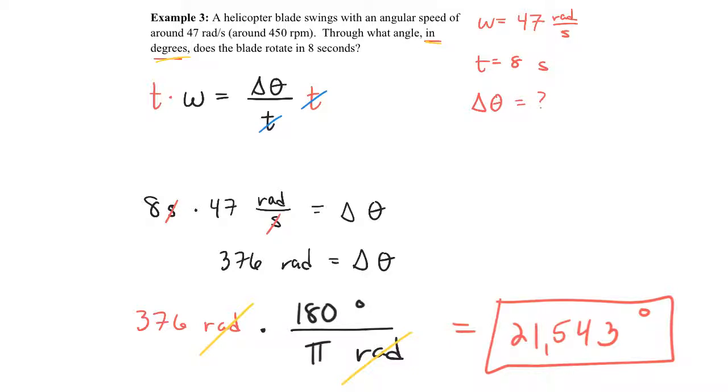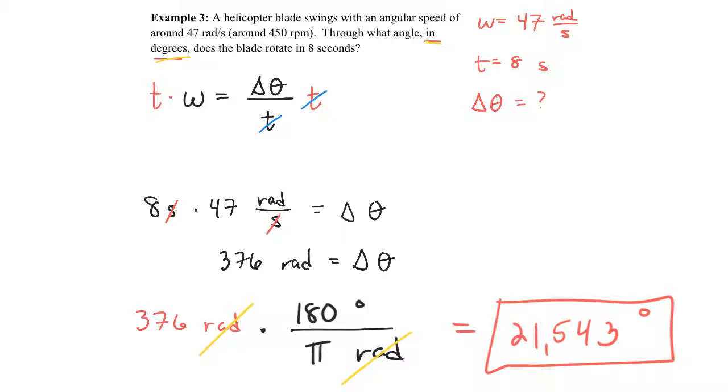So it's 8 seconds, right? And we know that it's going to rotate 450 revolutions in 1 minute. 8 seconds is how many minutes? It's 8 out of 60, right? That's how much of a minute it is. 60 seconds is a minute. So do parentheses on your calculator. 8 divided by 60. And that's the fraction of a minute that's occurring. Take that and multiply it by 450 revolutions, because there's that many revolutions every minute.